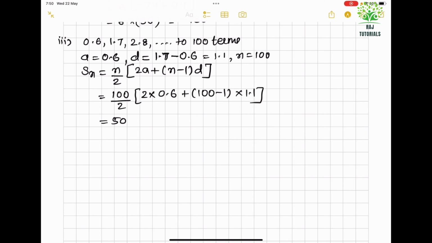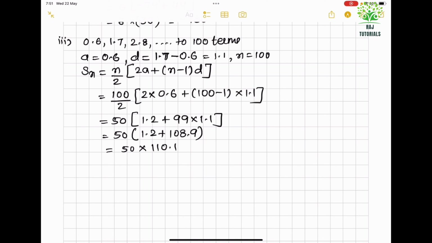So 50 into 1.2 plus 99 into 1.1. So that will come to 50 into 1.2 plus 108.9. So 50 into 110.1. So that will be equal to 5505.